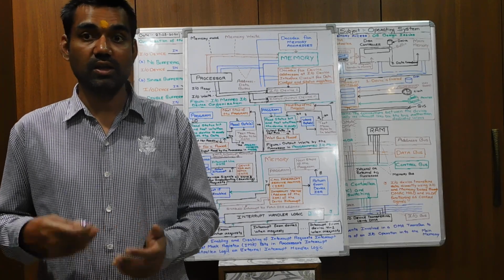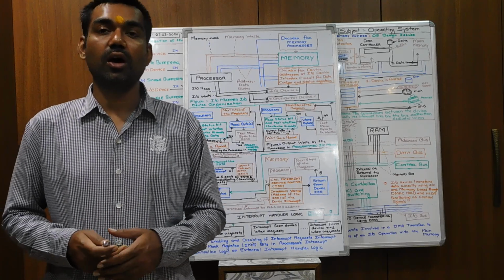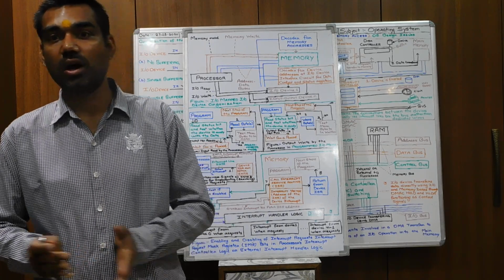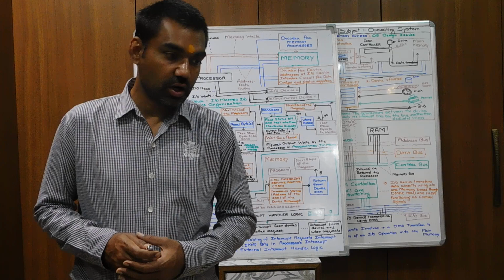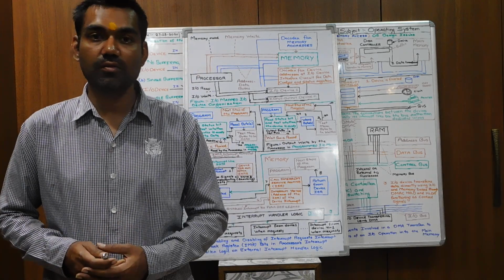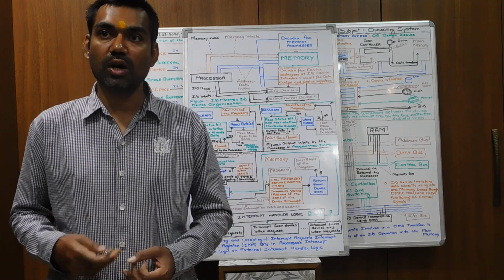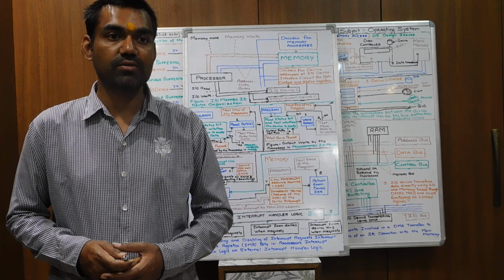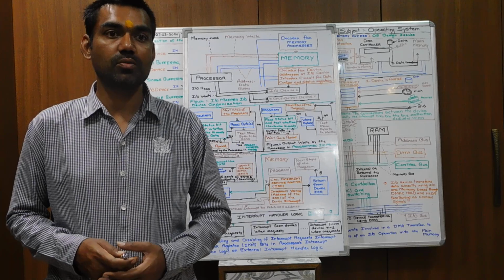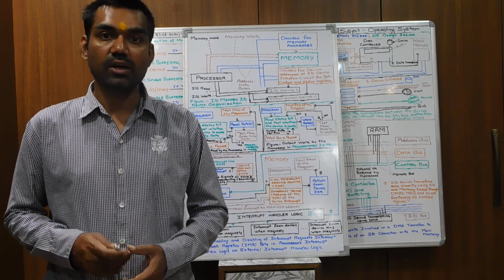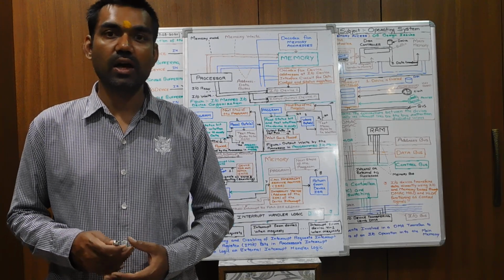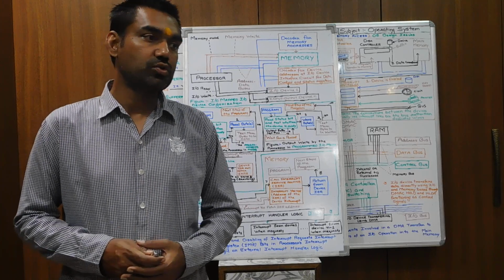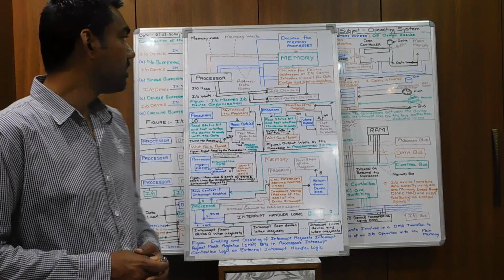But how will things appear after this? There are various approaches to accomplish this. We will discuss three approaches: programmed IO, interrupt driven IO, and direct memory access.